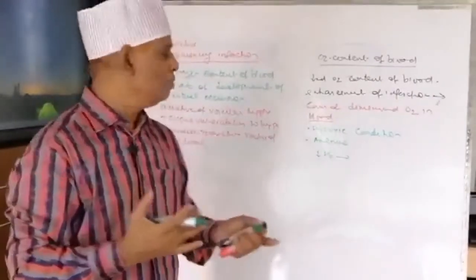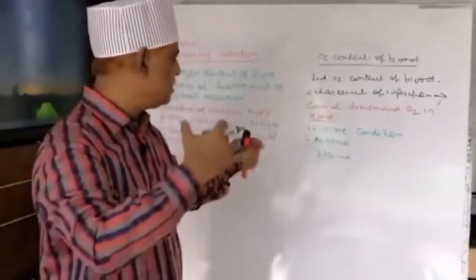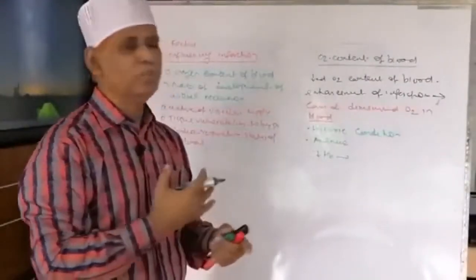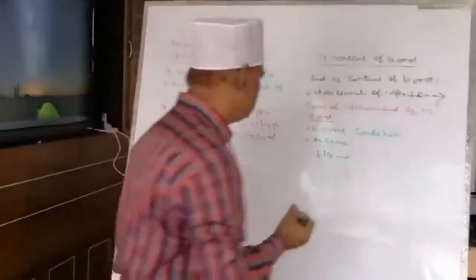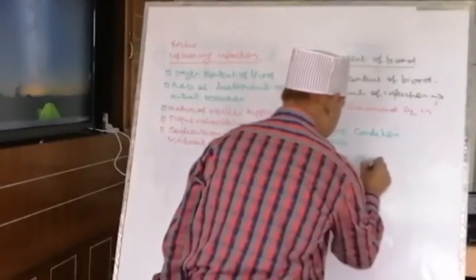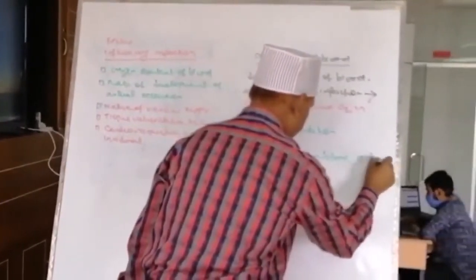You know oxygen is carried by hemoglobin to the tissue. As there is reduction of hemoglobin, the oxygen content in blood is diminished.